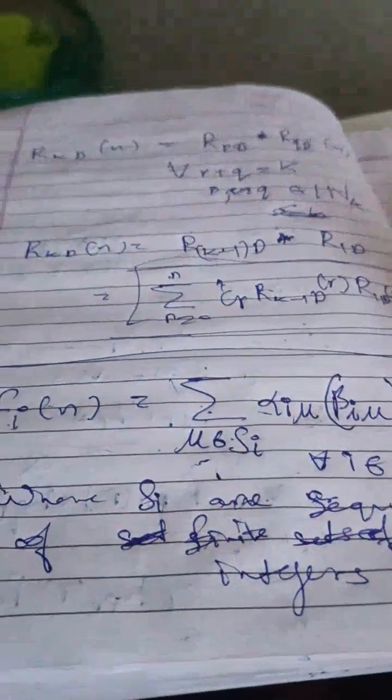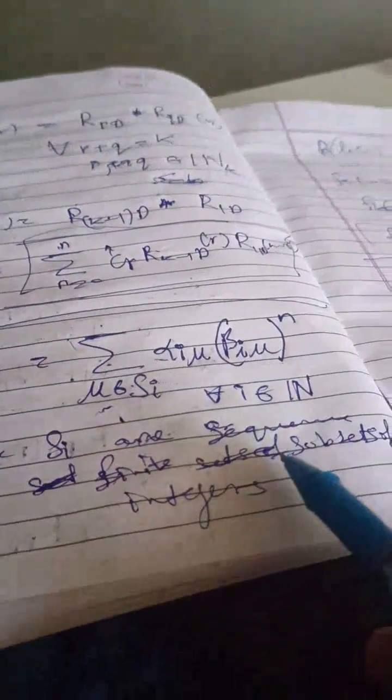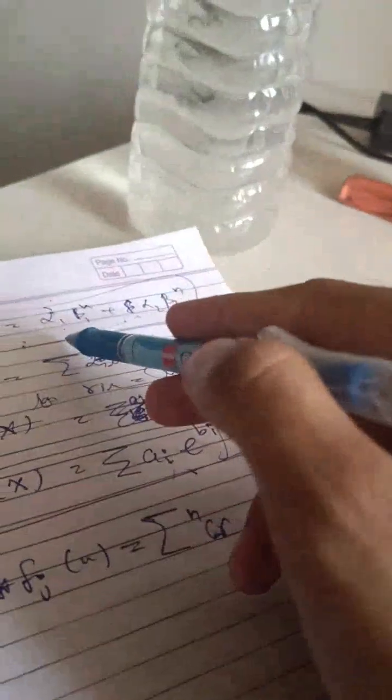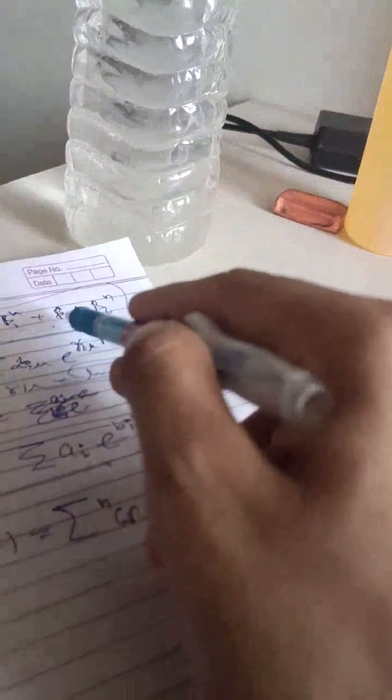Now let's use the convolution operation on a linear combination of exponent functions. Now fi star fj of n is nothing but the summation nCr, and here Si is a sequence of finite subsets of integers, which means that if Si is 1 comma 2, then you have alpha 1 plus alpha 2.